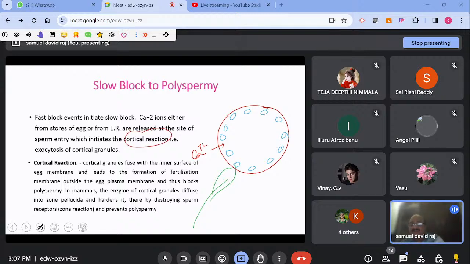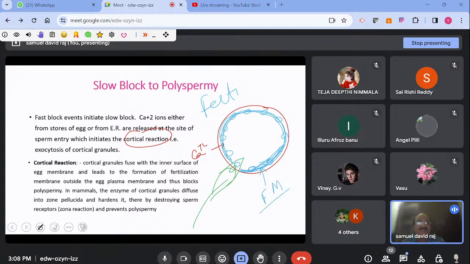So, what is cortical reaction? Whatever cortical granules are present, they come together and form a membrane around the sperm that has entered already. So, a membrane is formed after the sperm contacts the ovum, a process called fertilization, and hence this is called fertilization membrane.